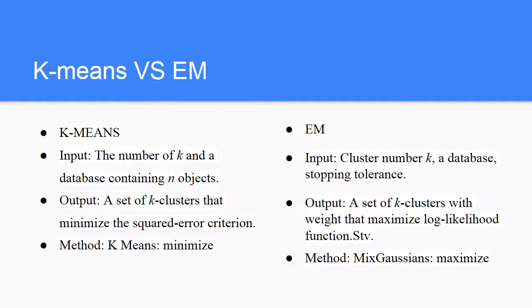K-means calculates the cost by minimization, so you can see the results have only 2 clusters or 3 at most. EM uses maximization, so for most results it has many clusters. So this is the difference between K-means and EM.